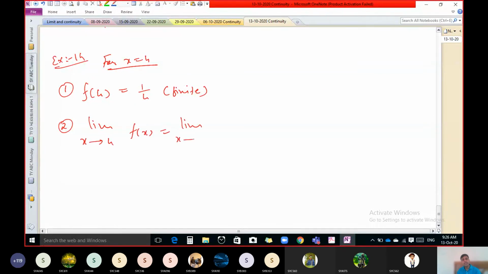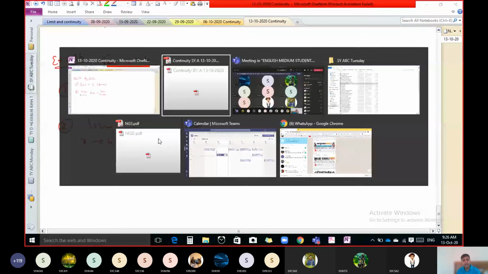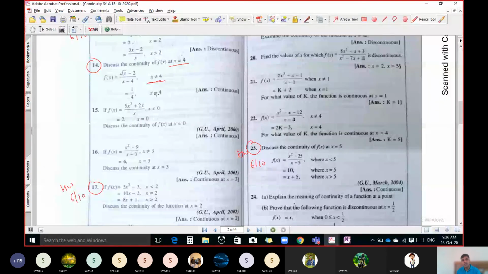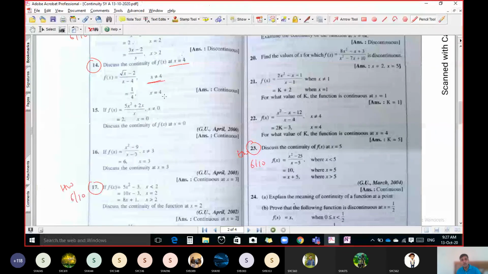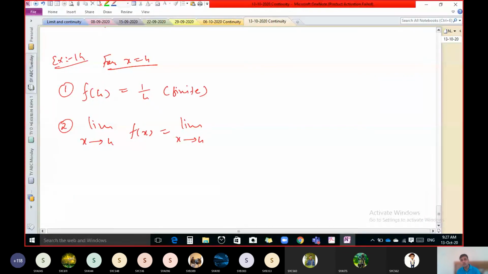What is your f of x? When x is 4, this is the function, and when x is not 4, this is the function. And when x tends to 4, it means x is not 4. So we have to consider the first one as the function, root x minus 2 upon x minus 4.